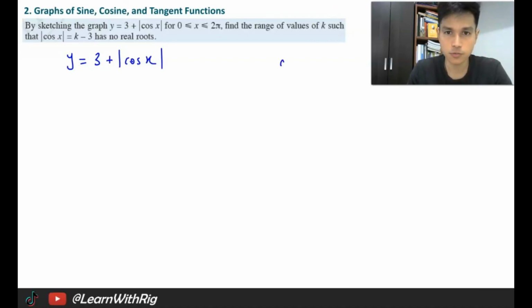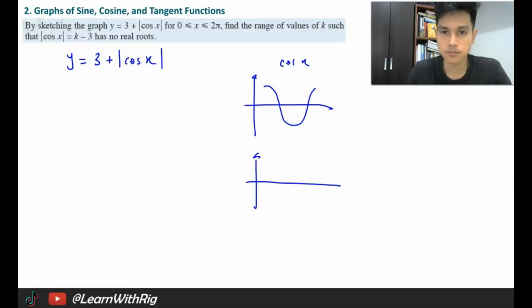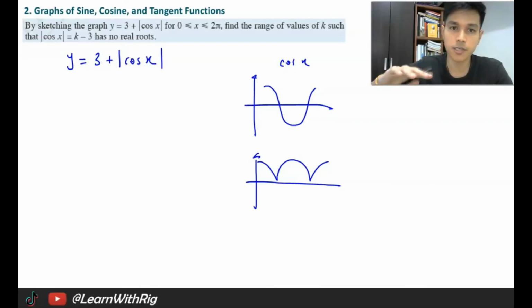Cos x you already know, it's like this. Modulus means the negative part will become positive, so the graph looks like this. There is no longer a negative side because modulus changes it to positive. And then you have plus 3.